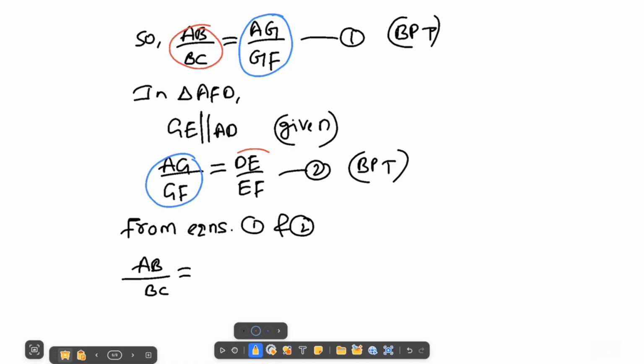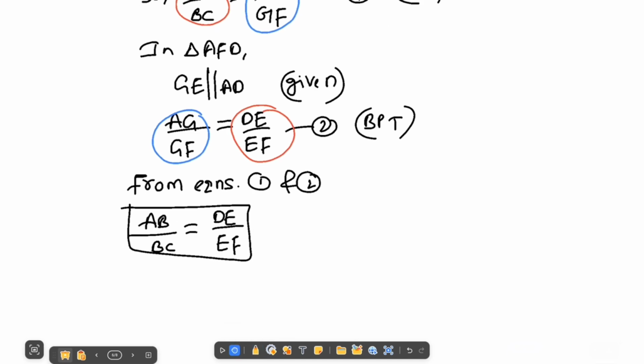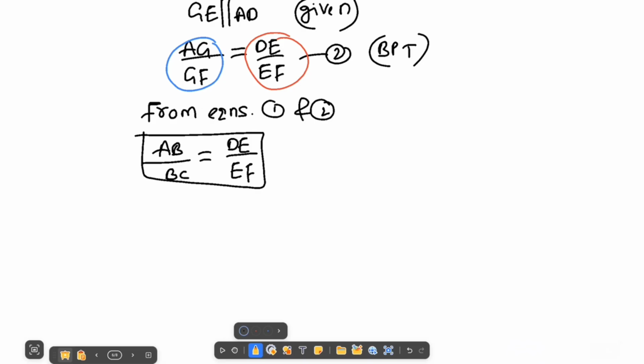AB by BC will be equals to DE by EF. So this is what we have to prove, and we got it. Hence proved. Right, this is the solution for this question.